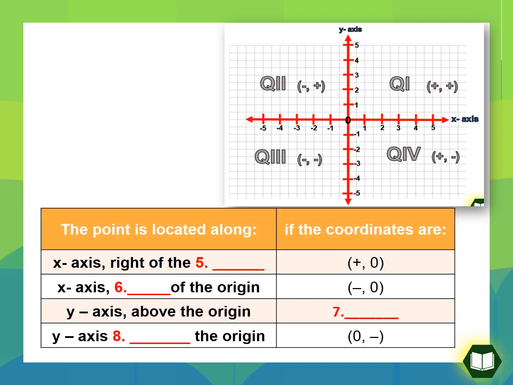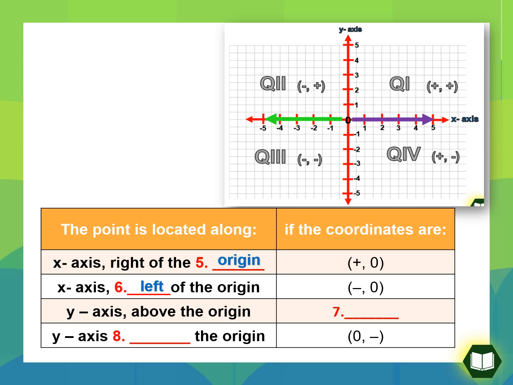In the second table, if the coordinates are (positive, 0), the point is located along the x-axis, right of the origin. If the coordinates are (negative, 0), the point is located along the x-axis, left of the origin.